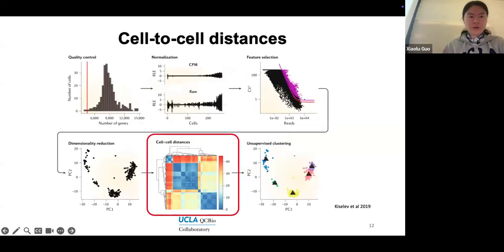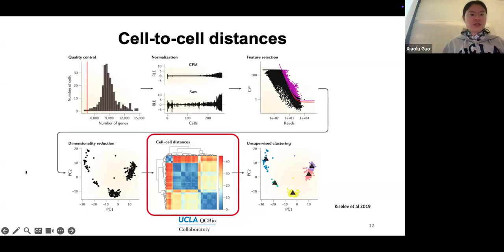We introduced quality control using the three quality control metrics. Then we do the normalization based on the assumption that all the cells have the same mRNA counts. Then we select highly variable genes to exclude the housekeeping genes or all-zeros genes, those not of our interest, and only focus on the highly variable ones.